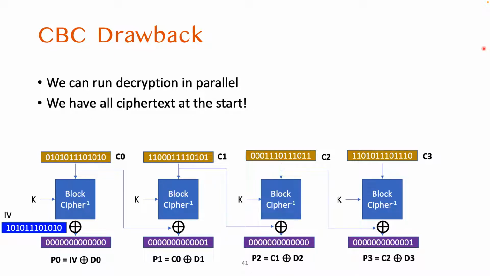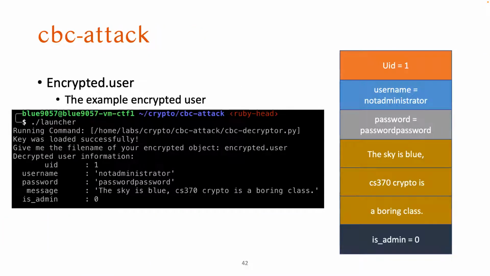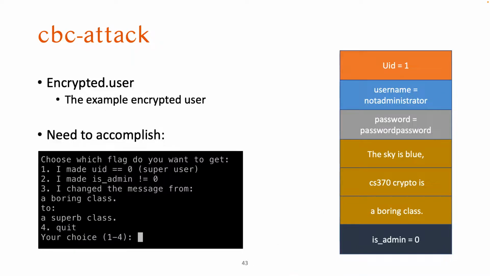So let's move on to the CBC attack. We learned about CBC and how it works, and the important thing is that certain blocks will be XORed into the plaintext. We have the same setting in the CBC attack directory, and we have this kind of encrypted data, but we need to make a similar change.